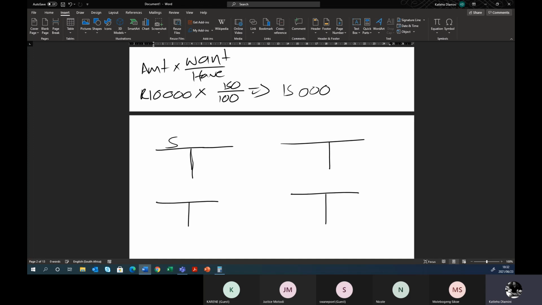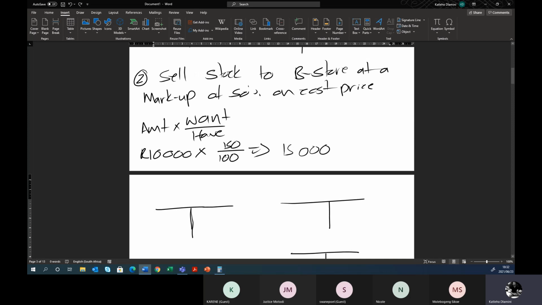I'm going to say that I sold this for cash: sold stock to B store at markup, and was issued a receipt, so that I can make this bank.